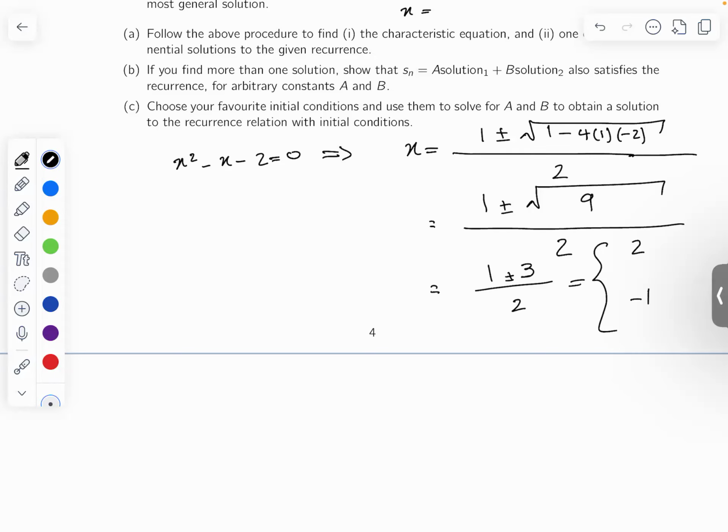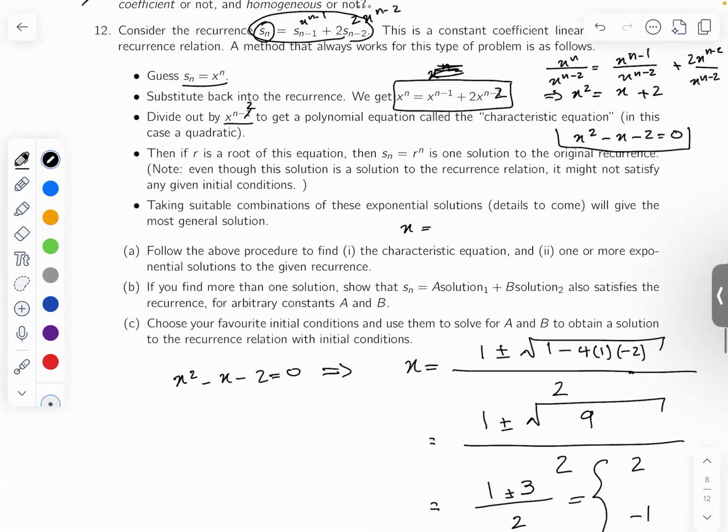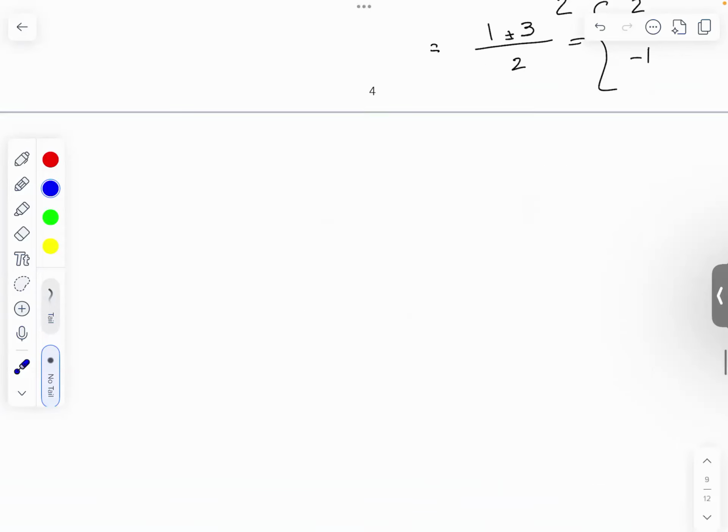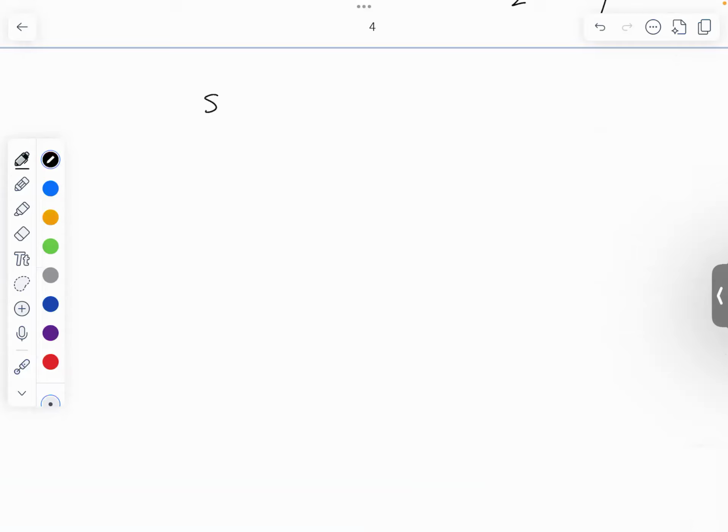So it says that if we solve this one, if r is a root, then r power n will be a solution of this one. Let's see, Sn minus 2.